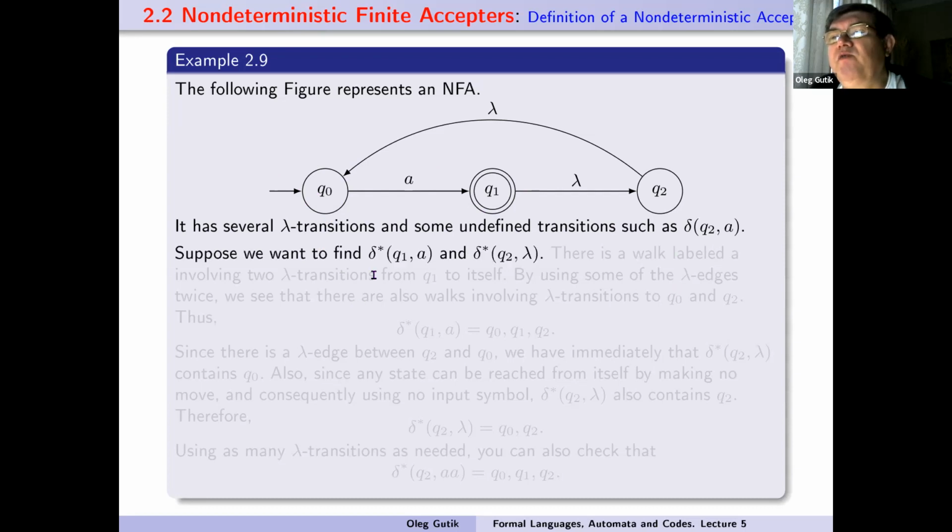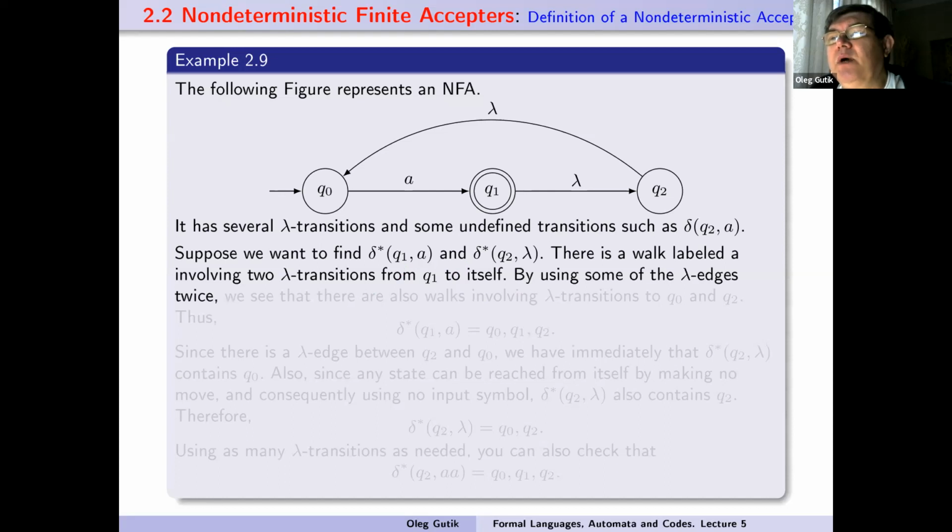Suppose we want to find delta star of Q1, a, and delta star of Q2, lambda. There is a walk labeled a involving two lambda transitions from Q1 to itself.